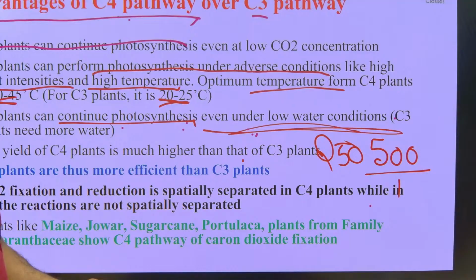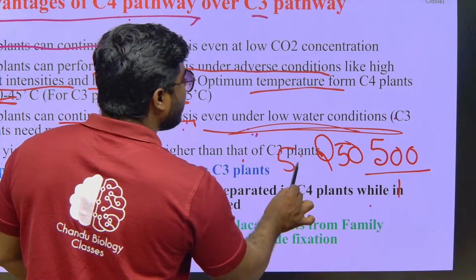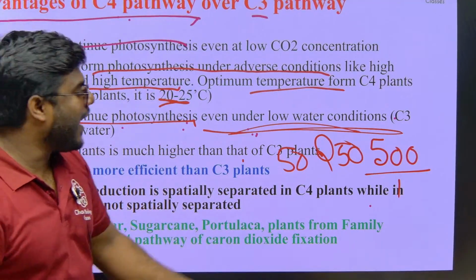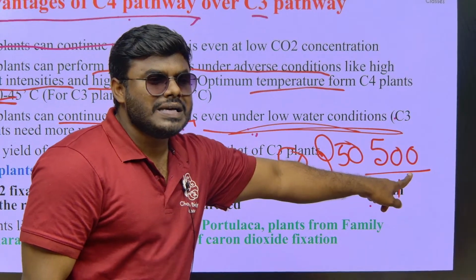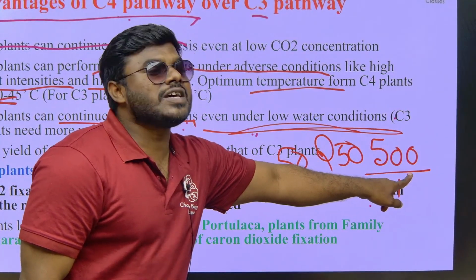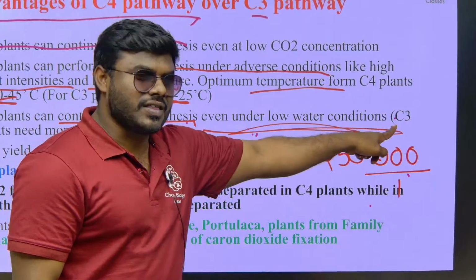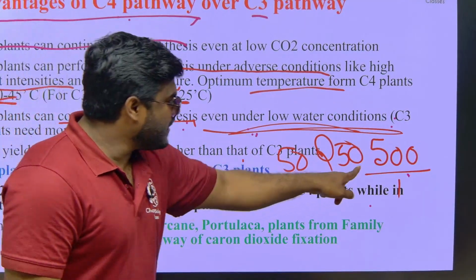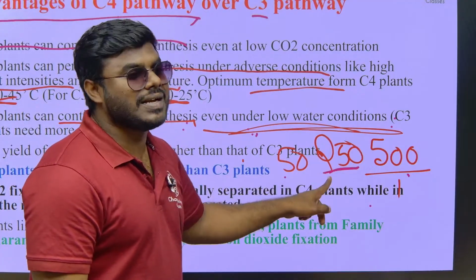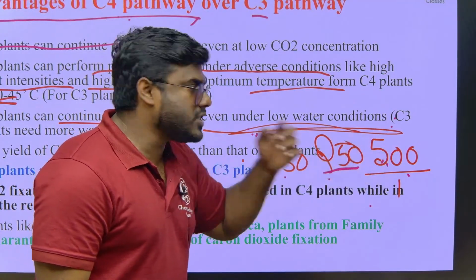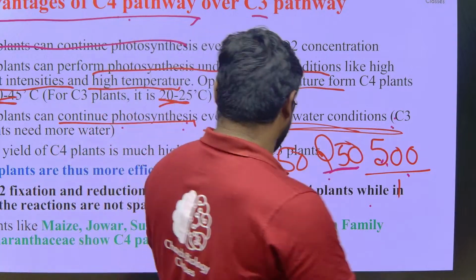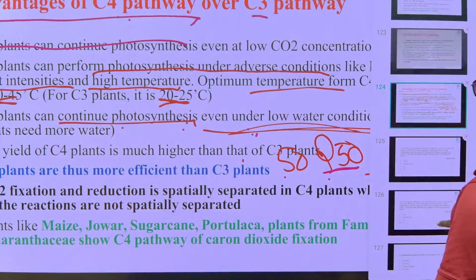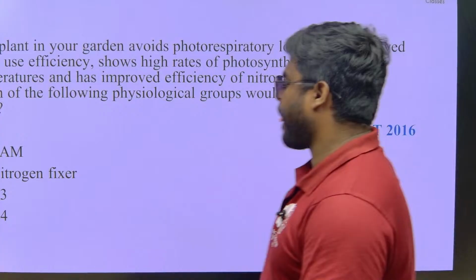If you take CAM plants, desert plants, they use only 50 water molecules. So which has the highest transpiration ratio? C3. So which are water spenders? C3. Water savers? CAM plants. The C4 plants are intermediate. Highest transpiration ratio is always C3. No point of getting confused over there. Okay. Answer the question.